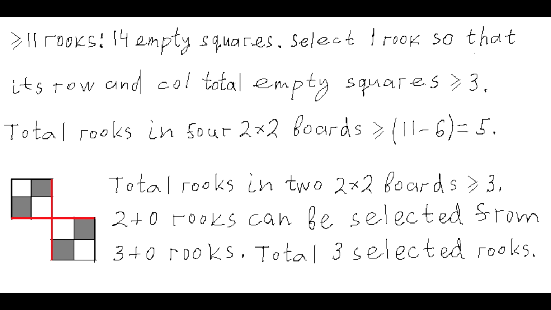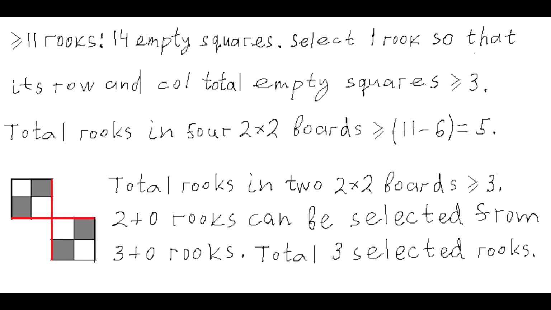This allows us to select the first rook so that its row and its column combined contain at least 3 empty squares. Then the remaining 4 by 4 board, after exclusion of that row and that column that contain the selected rook, contains at least 11 minus 6 equals 5 rooks.